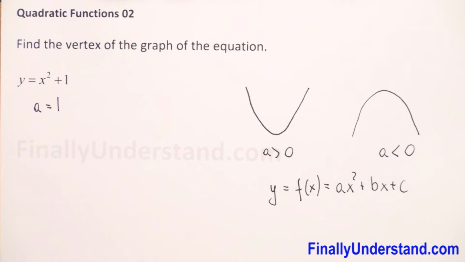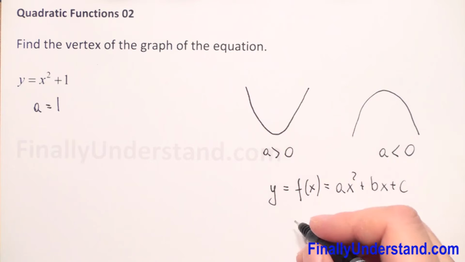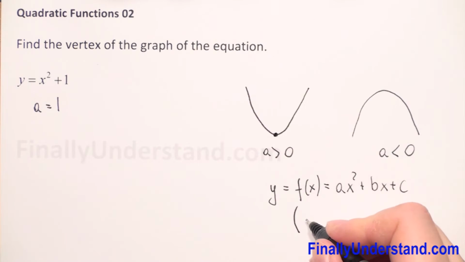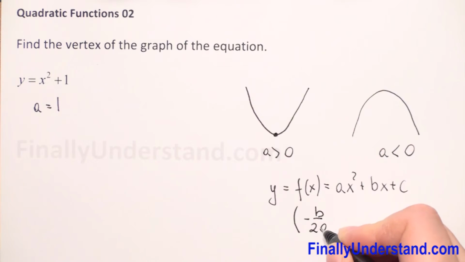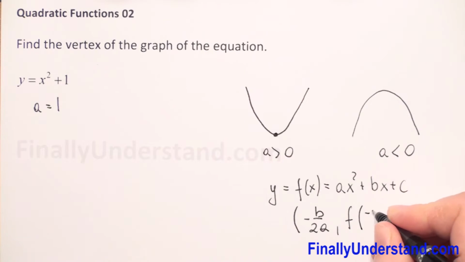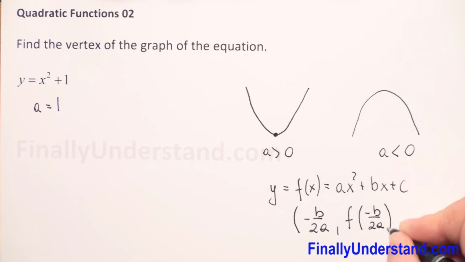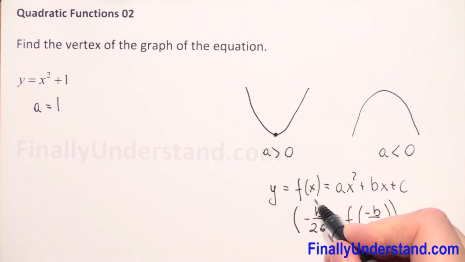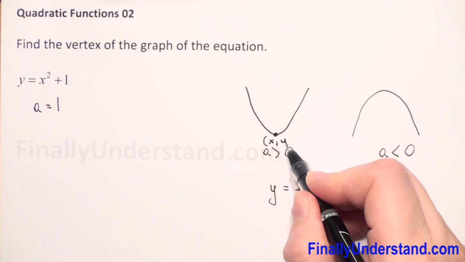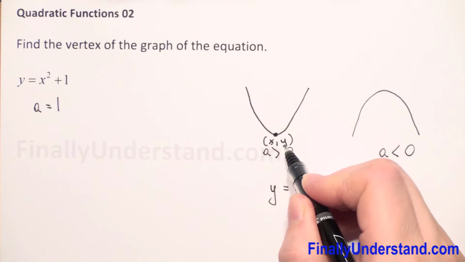And we know that the coordinates of the vertex of a parabola are: the first coordinate x is negative b over 2a, and the second coordinate y is the value of our function for negative b over 2a. So this is our x, this is our y. This is our vertex. We have to find x and y.